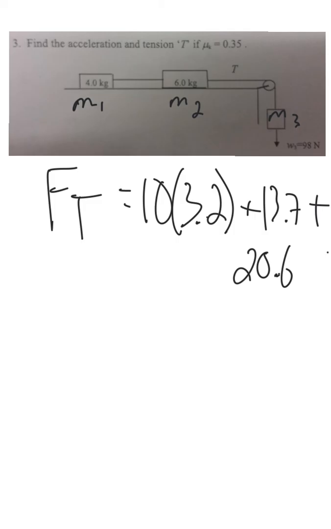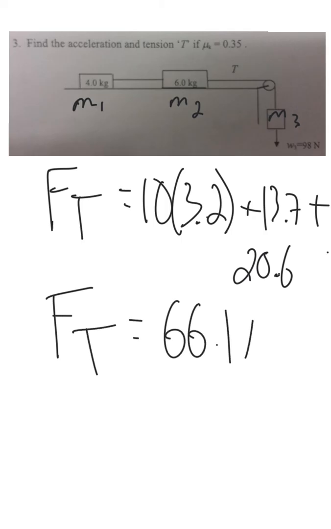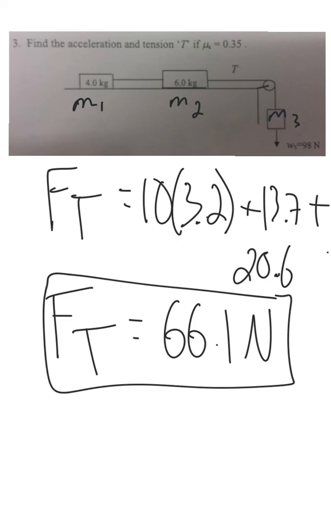So we add those together, and guess what Ft equals? 66.1 newtons. The same exact answer that we got in the previous way of solving for tension.